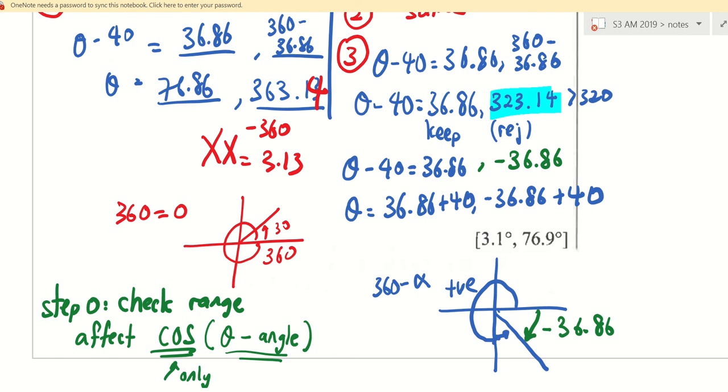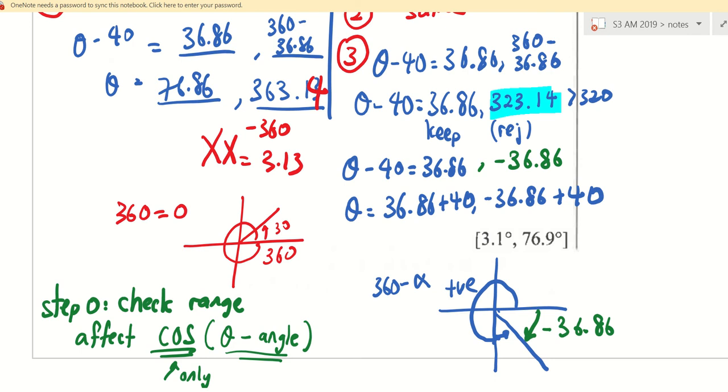And when cosine first and fourth, it will touch the fourth quadrant. Then I will involve the minus angle. If let's say tangent, tangent is first and third, it is highly unlikely I will touch the third quadrant because the first angle is only acute angle. Acute angle is always smaller than 90, so it only affect one quadrant, and it only affect cosine positive. Do you follow? That is why check range sometimes we say is an optional step.